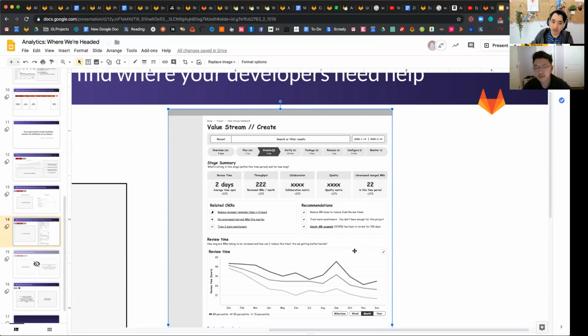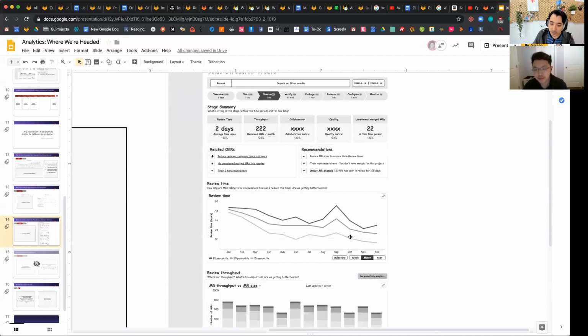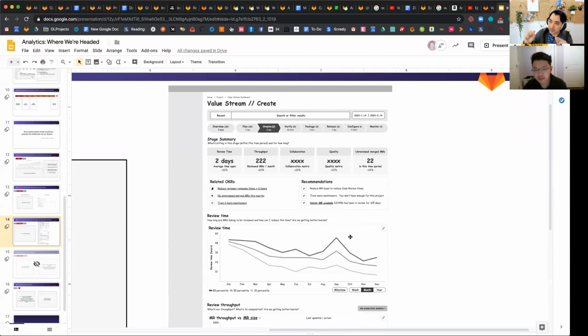Why is that? I want to be able to click on that and see clear recommendations, like here's the change in your code review time going up because there's more MRs sitting idle. What's happening with my review time? So drill down deeper and deeper until I find the bottleneck and the source of why things are happening.